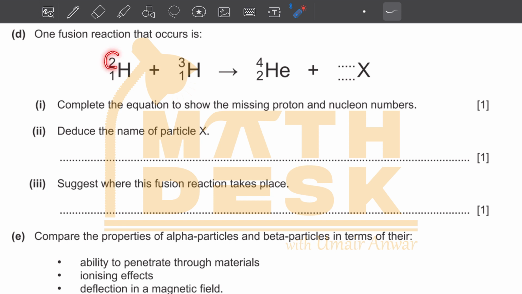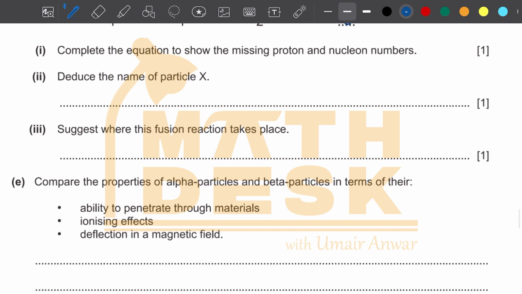For neutrons, we have one neutron in one and two neutrons in the other, so 3 neutrons here. Two of them are included in helium, because the nucleon number 4 shows that there are 2 protons and 2 neutrons. So one neutron is left. That one neutron would be shown here. A neutron has no charge, and its mass number is 1. So 1 and 0 would be written here.